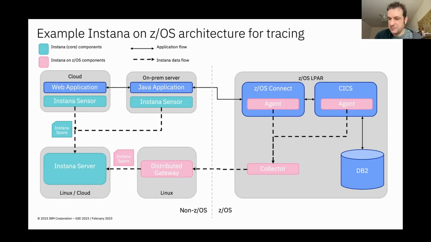If not, we'll just let it pass through because we know Instana is not interested in tracing it. We gather all this information together and create similar spans that can be stitched together by Instana so that you get a complete end-to-end view going from this web application on the cloud all the way through to CICS and Db2 on the mainframe.